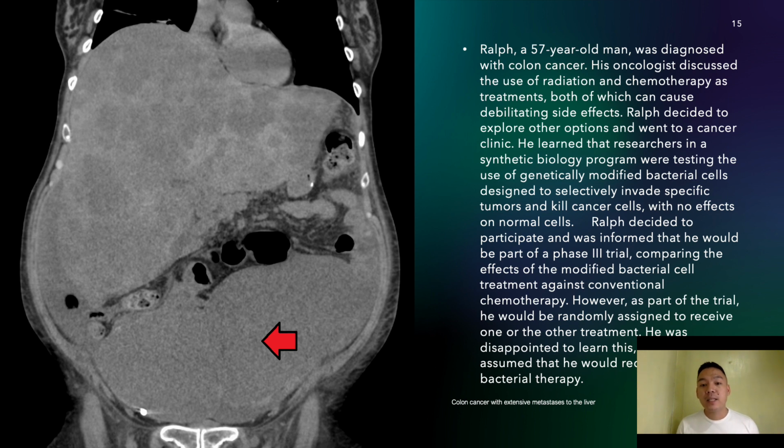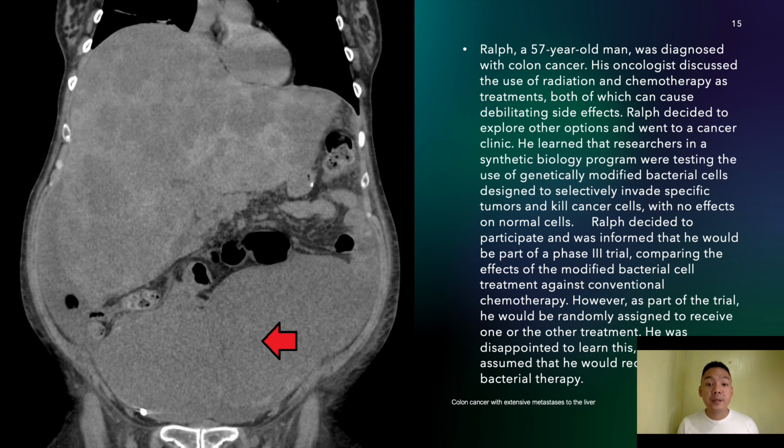He learned that researchers in a synthetic biology program were testing the use of genetically modified bacterial cells designed to selectively invade specific tumors and kill cancer cells, and it doesn't have an effect on the normal cells.